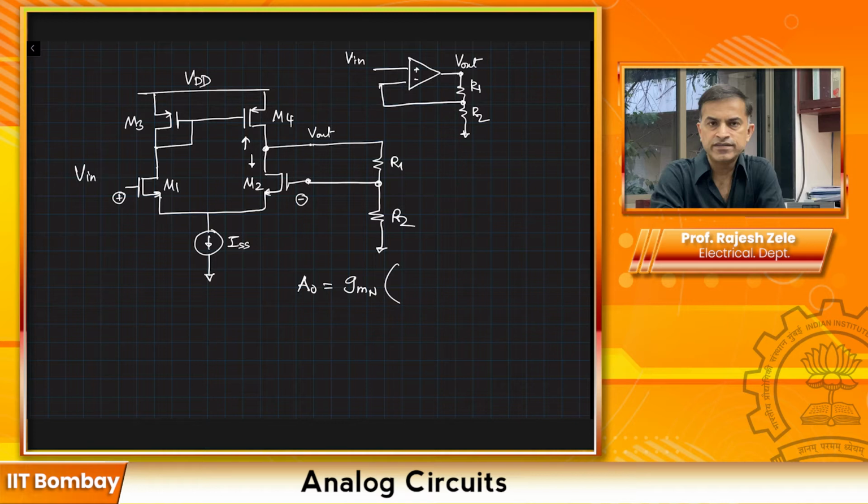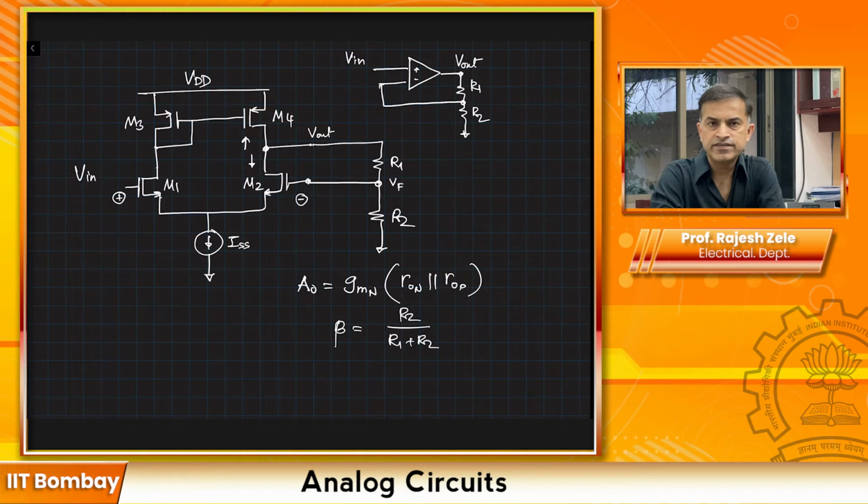So gmN times (RoN parallel RoP). This would be the gain of the amplifier A0. The feedback factor beta is given by R2 divided by R1 plus R2, which is the voltage divider effect. This would be returning feedback over here.